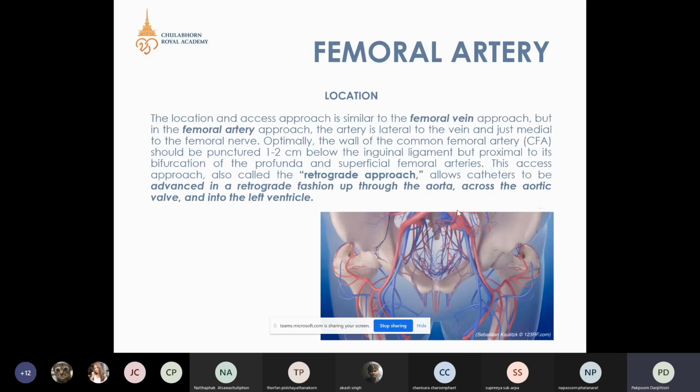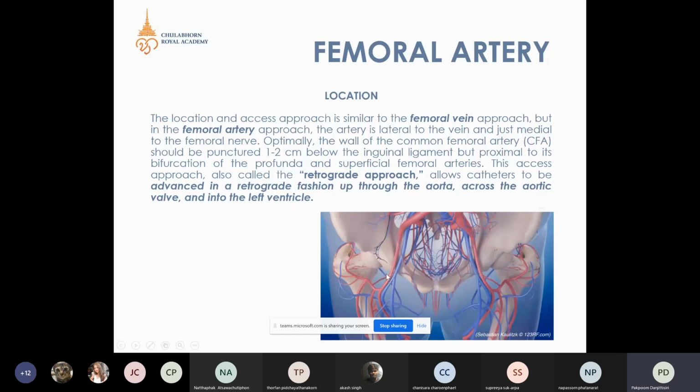And at this side, the doctor will puncture 1 or 2 centimeters below the inguinal ligament, just proximal to the bifurcation of the profunda and the superficial femoral arteries over here. So this puncture site is suitable as the access site of the femoral artery.